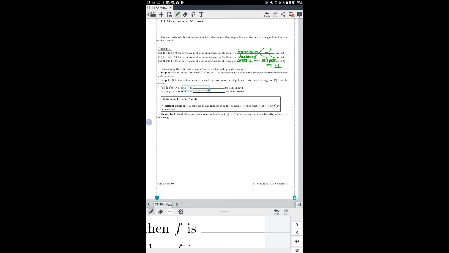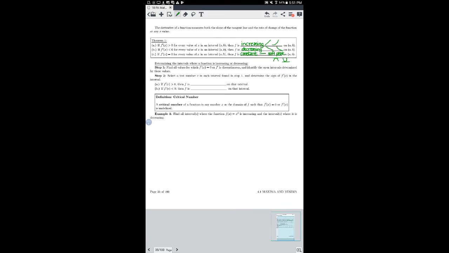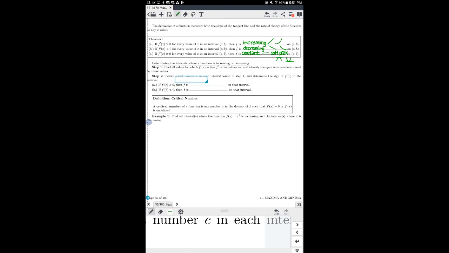So to determine where a function is increasing or decreasing, we're going to do 2 steps. The first step is to take the derivative and set it equal to 0, or figure out where f prime is undefined, so that it's discontinuous. And then the second step is to test values between the x values that were 0 or undefined.